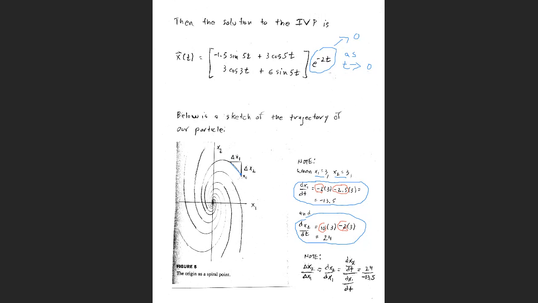So the ratio of these differentials can be approximated by dx2/dx1, but we can write dx2/dx1 as dx2/dt over dx1/dt. And we know those values: dx1/dt is -13.5, and dx2/dt at (3, 3) is 24.